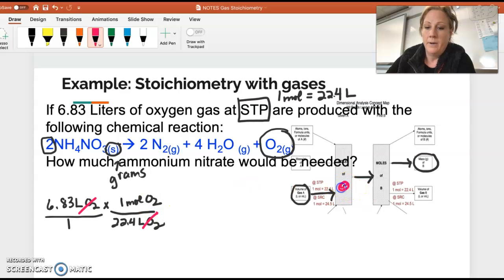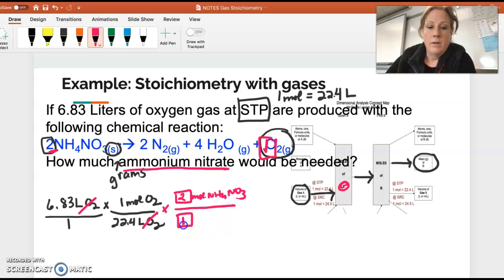So I'm right here. Now I'm going to convert over to the ammonium nitrate by using that mole-mole ratio. I always do this just to really point out that I'm taking those coefficients from here. So I would want to have 2 moles of ammonium nitrate for every 1 mole of oxygen. And then you can see those cancel.